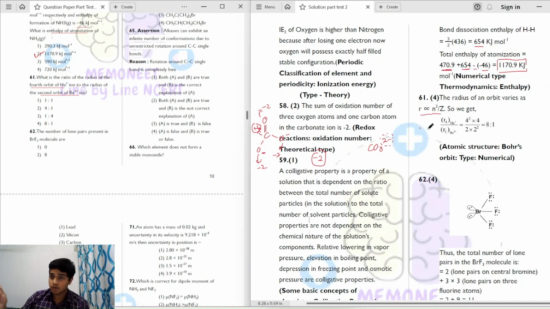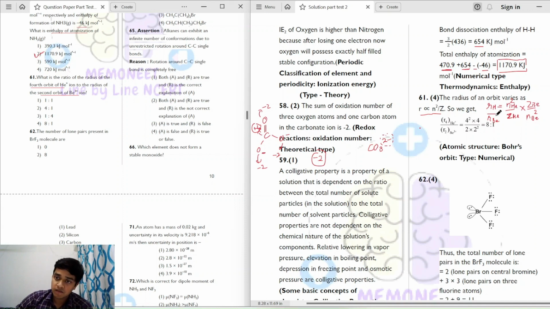So if we write the ratio of the radii of helium and beryllium, we can write it as n square of helium divided by z of helium, and we divide it by n square of beryllium divided by z of beryllium, which means multiplying by the atomic number of beryllium, right?